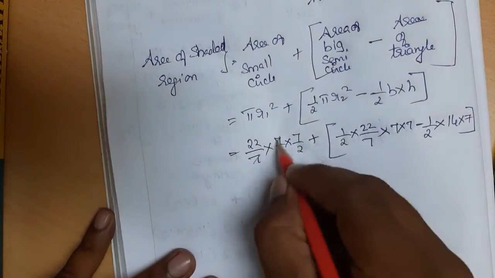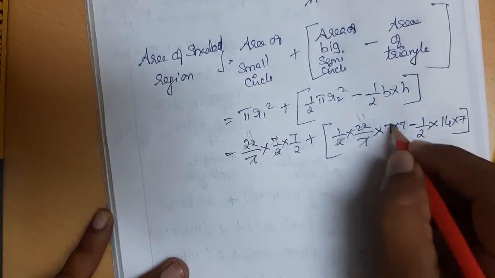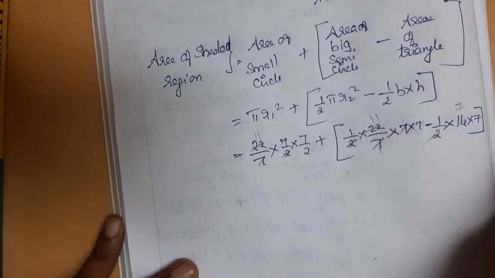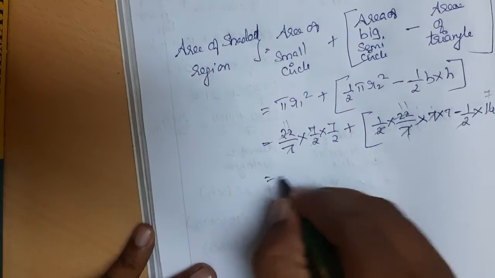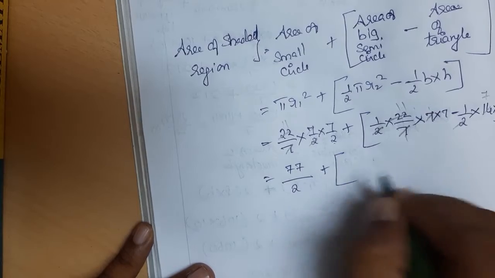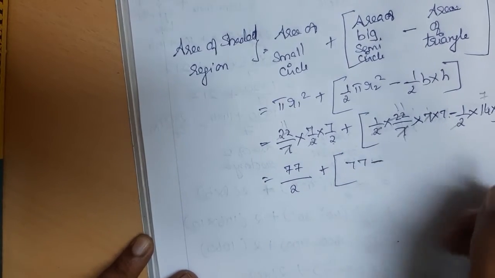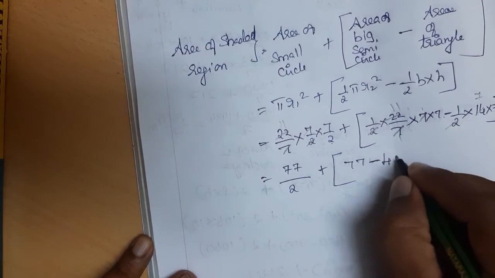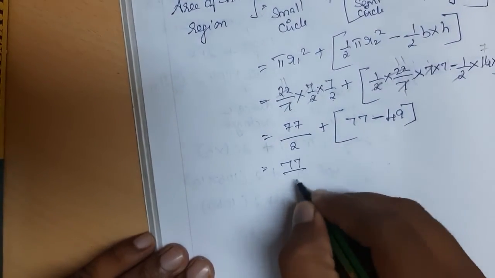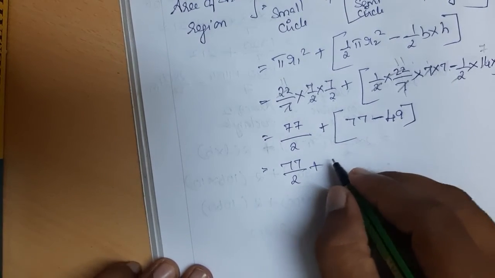So 7 cancel, it is 11 times 7, right? So here 11 into 7 is 77 and denominator 2, plus here denominator nothing is there, 11 into 7 is 77, minus here 7 7s of 49, right?